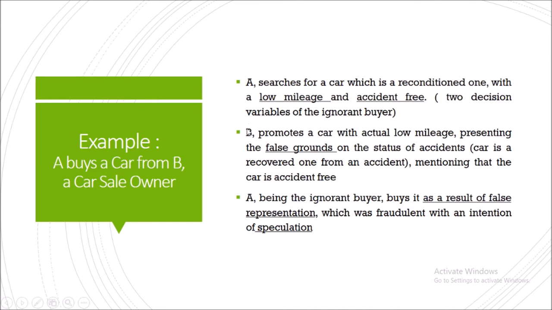So the seller has to reveal all the necessary information. It's not a must, but whatever is asked by A, B is liable to reveal. But when it comes to these 2, we assume that A would ask questions related to the mileage and the accident status of this car, because these are the 2 decision variables.